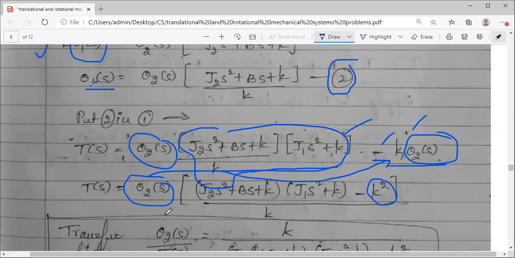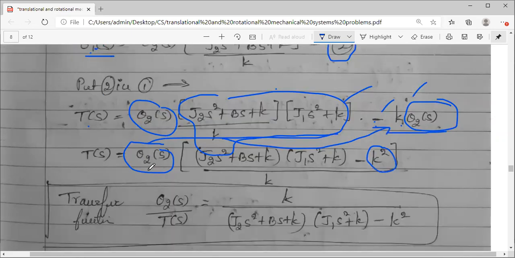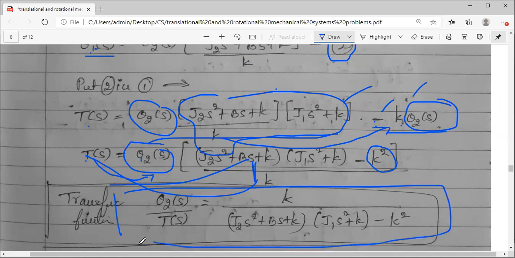So that I have written k square, taking the LCM. So now I want the transfer function, output by input, theta 2 by T. So take T to the denominator, take the reciprocal, okay? K numerator and this complete denominator. So if I do that, this is your transfer function. Any doubts on this? I hope you're following it. Please, you can ask me any doubts you get anywhere.